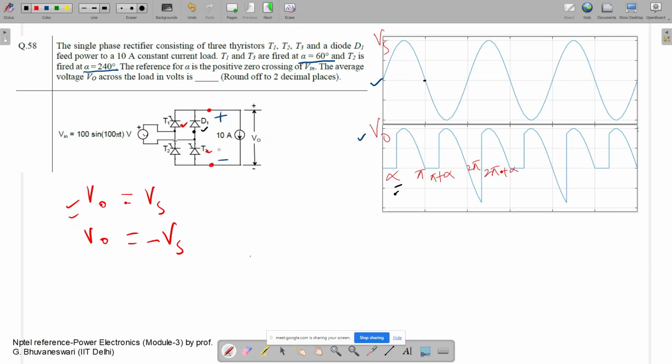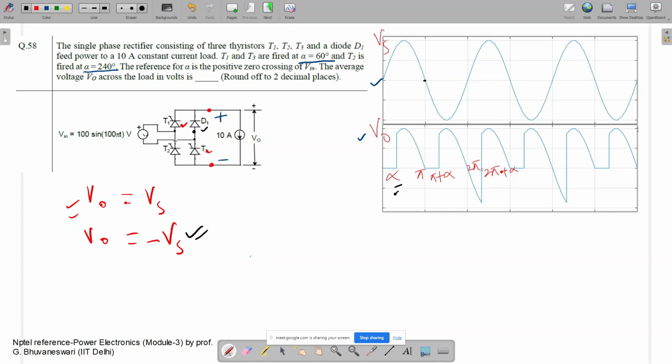Again at pi plus alpha, we are firing the thyristor T2. In this case, T2 and D1 will conduct, which means the output voltage will be negative of the source voltage, minus Vs. Negative means it will be inverted, so again it will go from here to here.